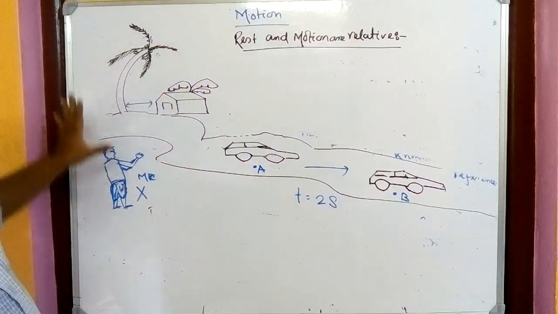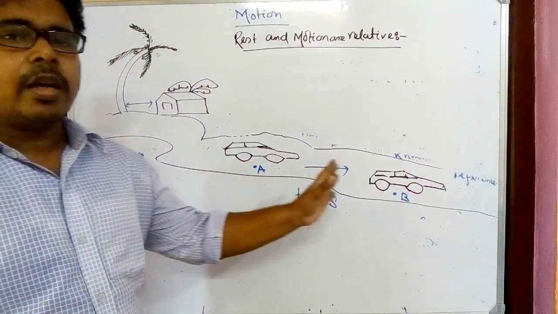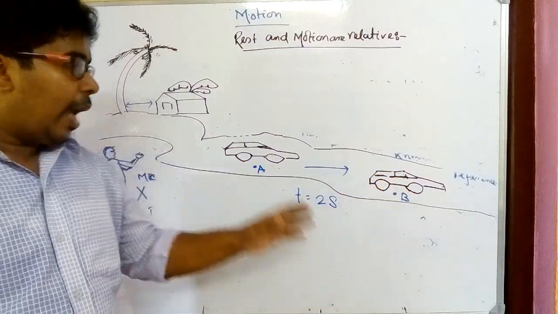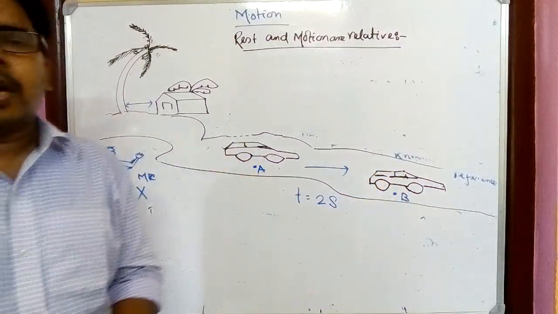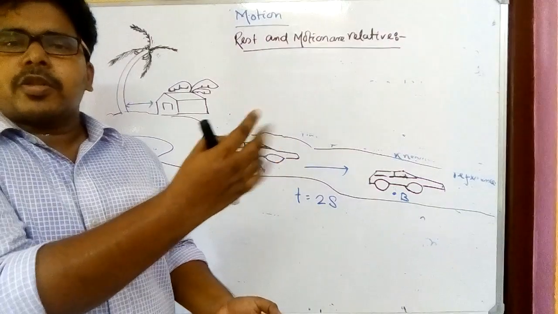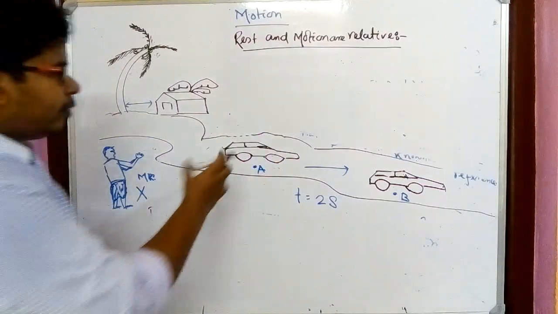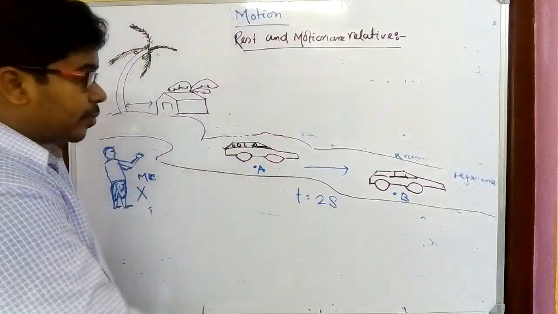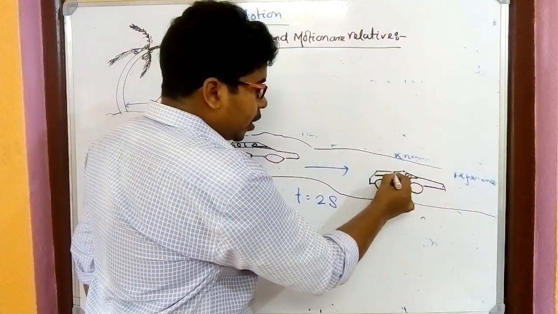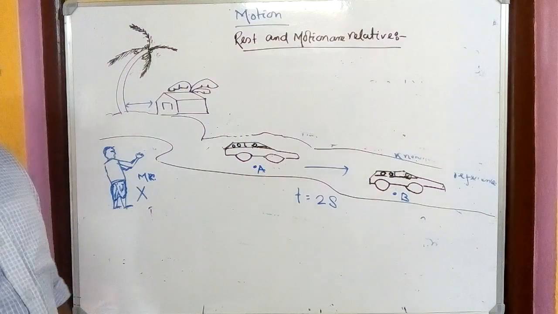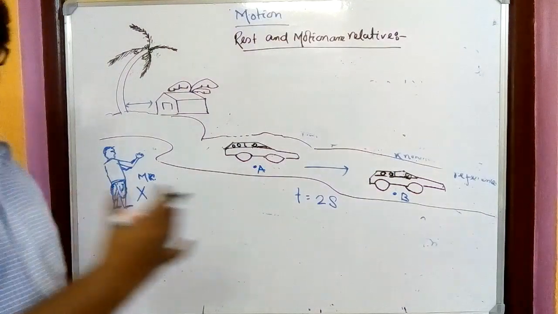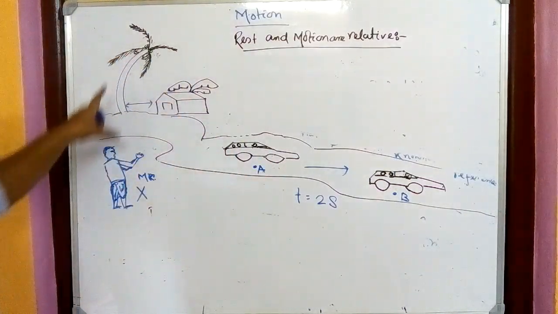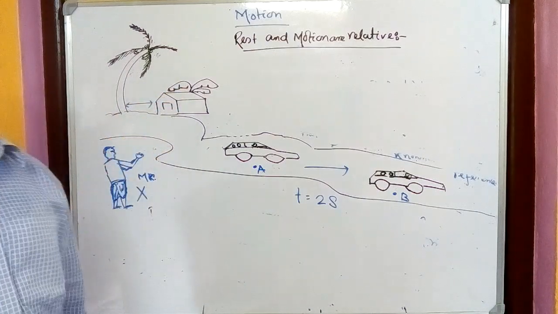With respect to these three objects, the car is in motion, and the person inside the car, because definitely the car cannot move by itself, definitely one driver is there inside, and some passengers are also there. So the driver and the passengers inside the car are also moving with respect to these three objects.